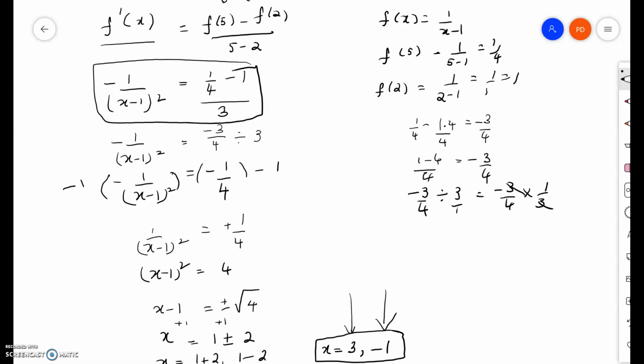But we want to find a point within the open interval 2 comma 5 that satisfies the conclusion of the mean value theorem. So negative 1 does not lie in this interval. So therefore x equals 3 is the value c that satisfies the conclusion of the mean value theorem. So x equals 3 is the one that works for us.